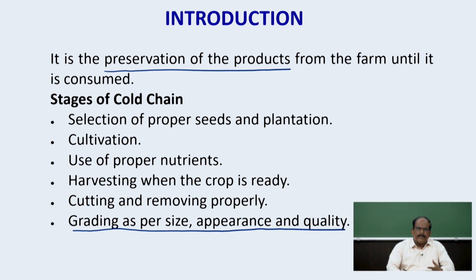After the product is produced, it is graded: if it is of top quality, it comes as category A products. The next best and moderate quality could come in the next 2 or 3 categories, and so on.